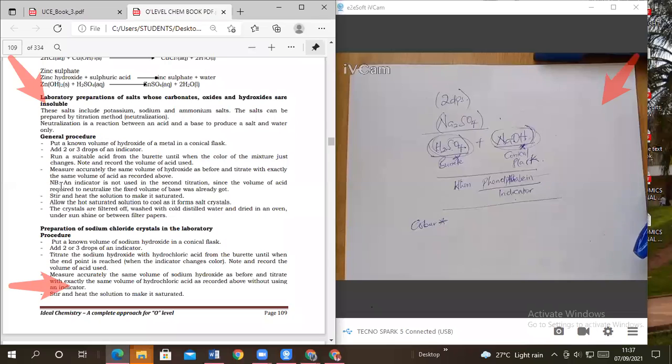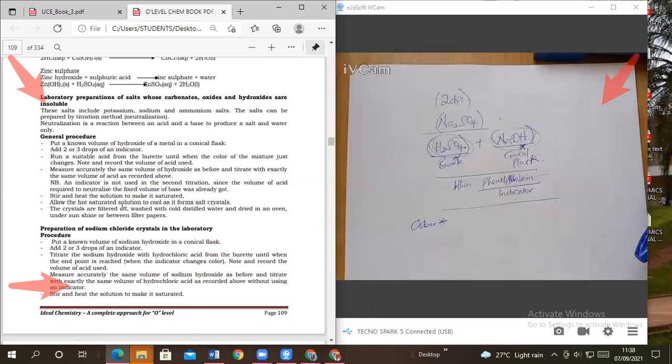Then now, NB, indicator is not used in the second titration. Since the volume of the acid required to neutralize is fixed, we don't need to put your indicator in our salt. This is like an impurity again. Just measure accurately the same volume you have used, just like the way you titrated before. Now, add the same volume of the acid, since you have known the volume that's required to form the salt.